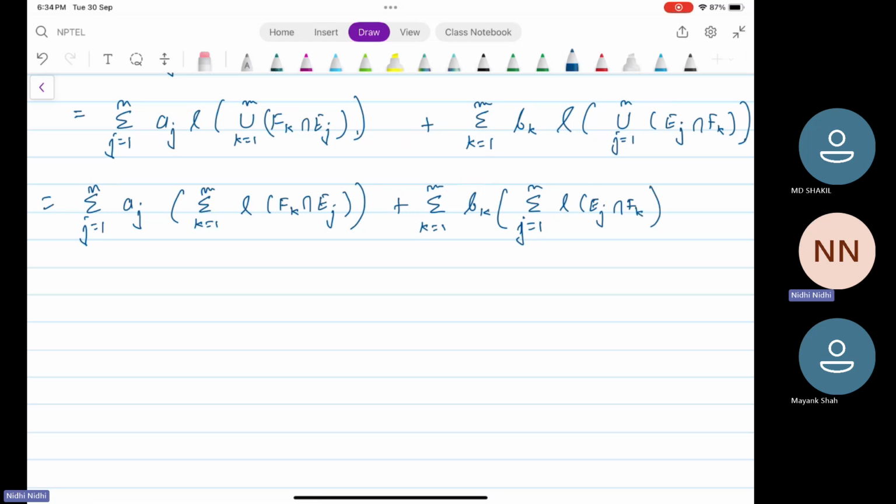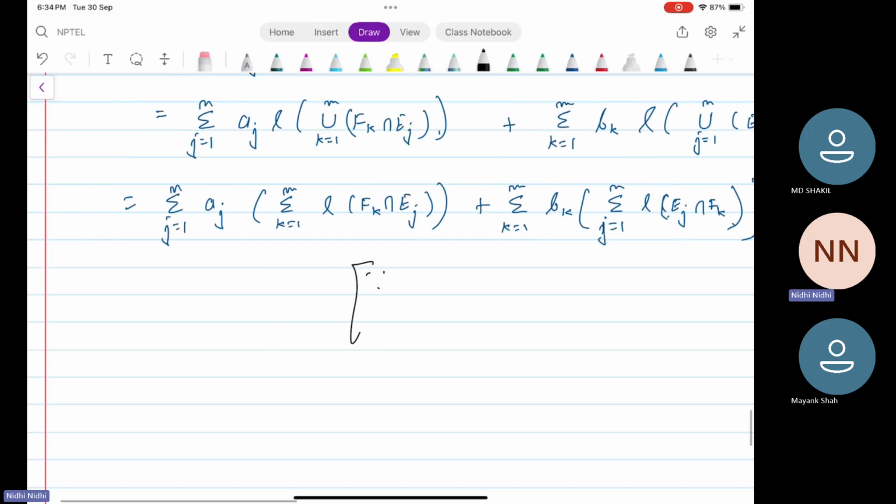Now we can write this as equality because the inequality, less than or equal to, we always have, because this length function has the subadditivity condition.